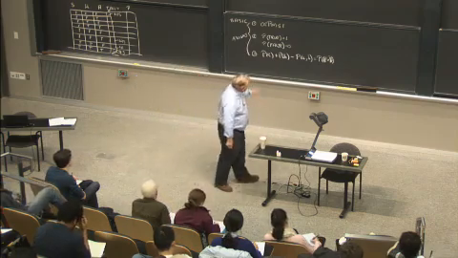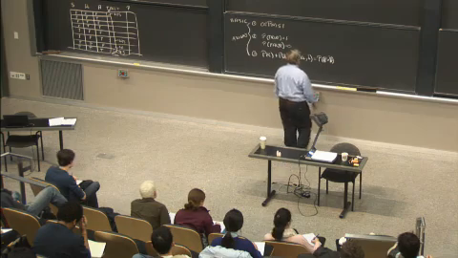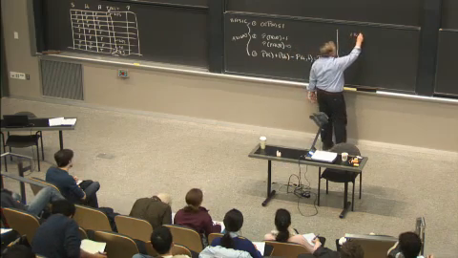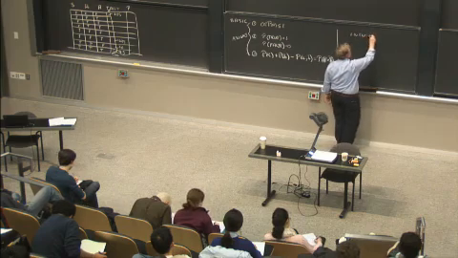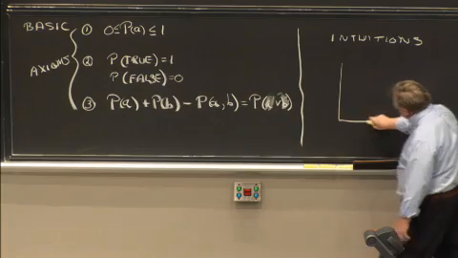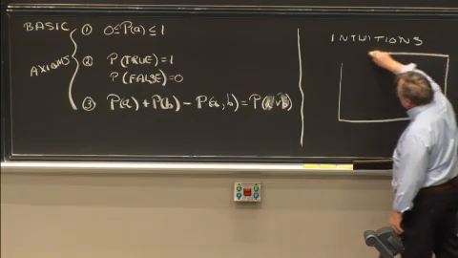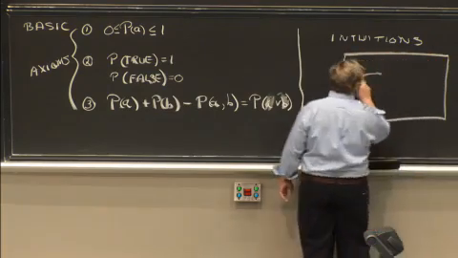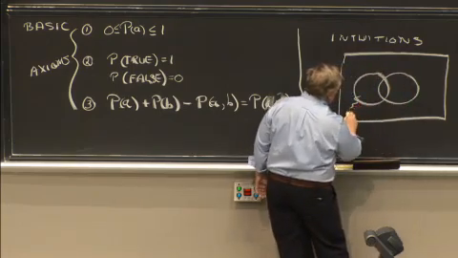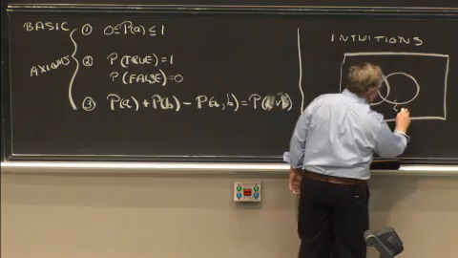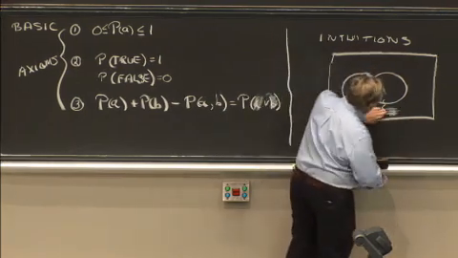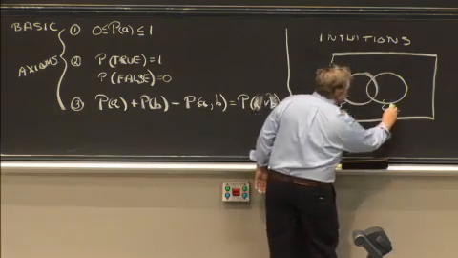So that's the formal approach to dealing with probability, and it's mirrored by intuitions that have to do with discussions of spaces like so, in which we have circles or areas representing A and B. And to keep my notation consistent, I'll make those lowercase.